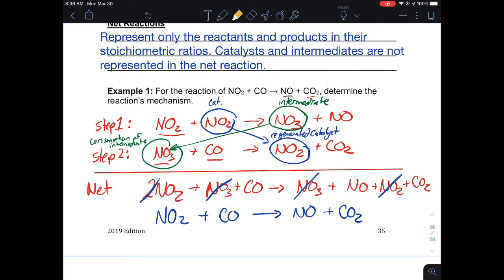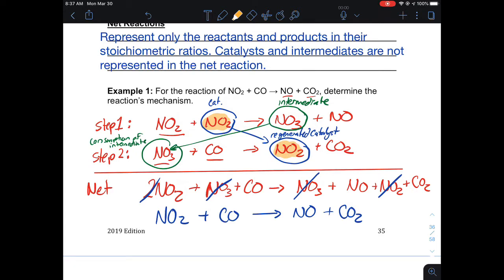So here is a reaction mechanism of nitrogen dioxide. In this mechanism, one of the nitrogen dioxides actually acts as a catalyst. It first appears on the left to cause the formation of an NO3, a nitrogen trioxide intermediate. And then that nitrogen trioxide intermediate reacts with the carbon monoxide, and the nitrogen dioxide is reproduced.